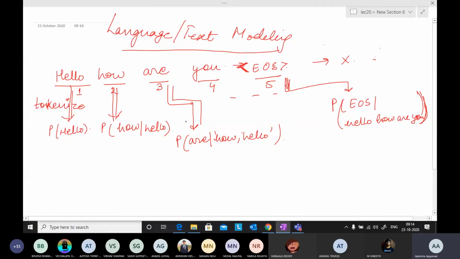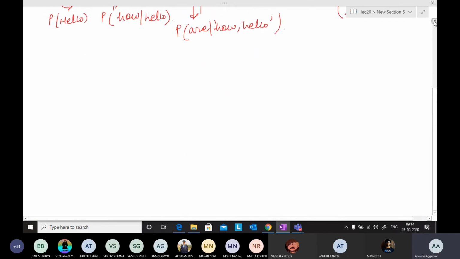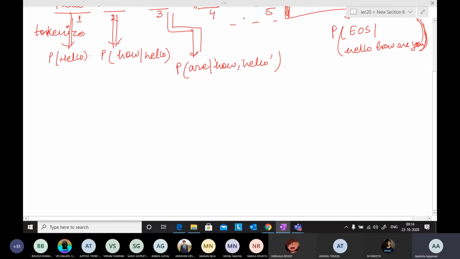Okay. So for a simple neural network, how do we build the simple neural network for this model? We just use the same architecture as named entity recognition that we have seen. So we are giving input as hello, the first term.